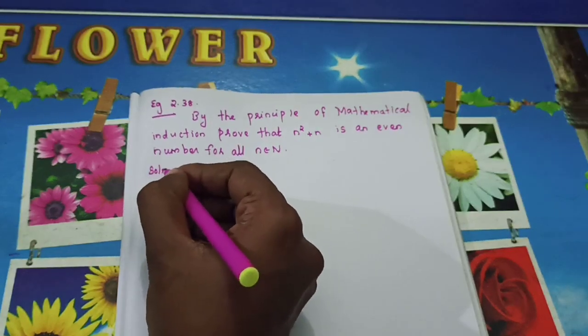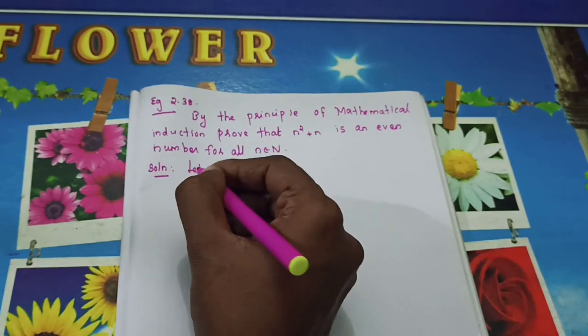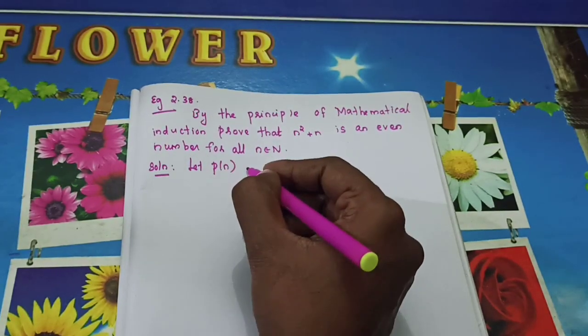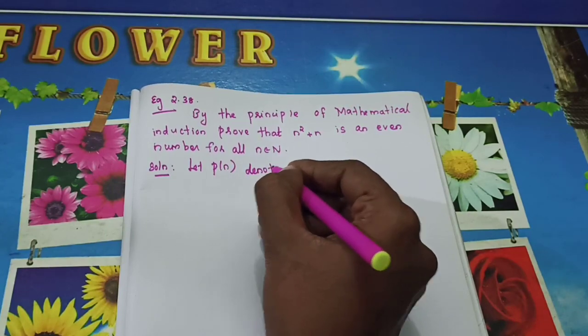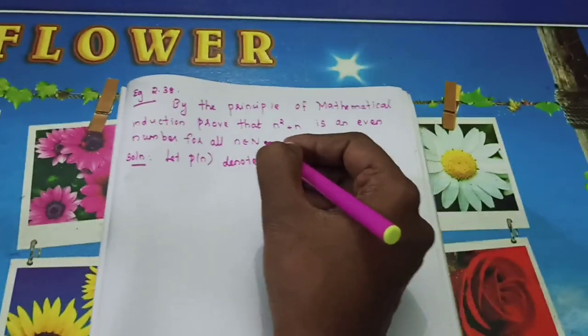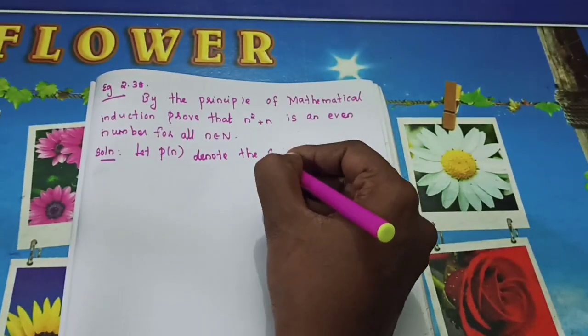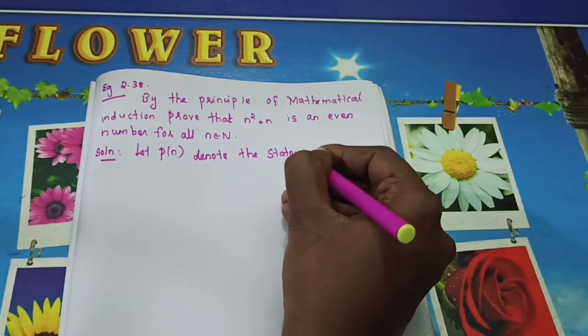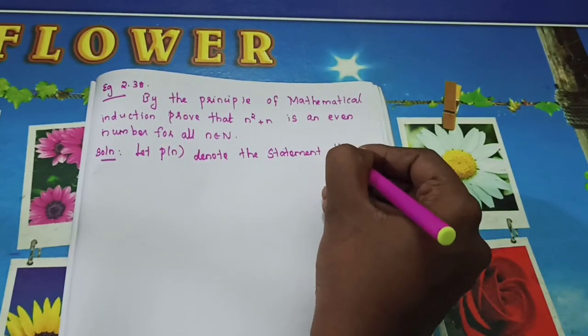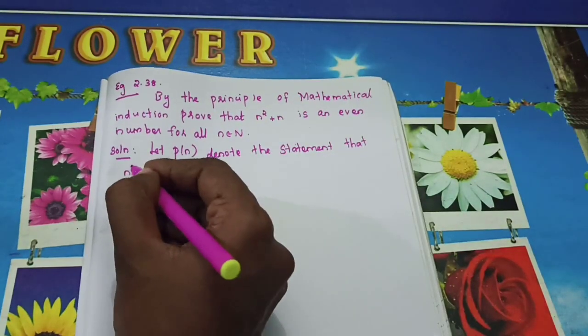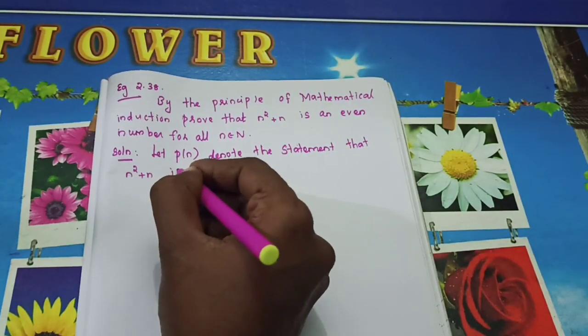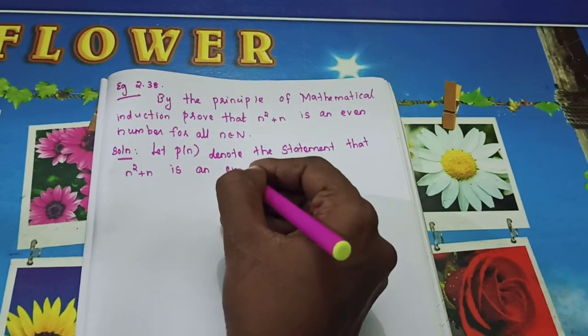Solution. First you will take, let P of n denote the statement that n square plus n is an even number.